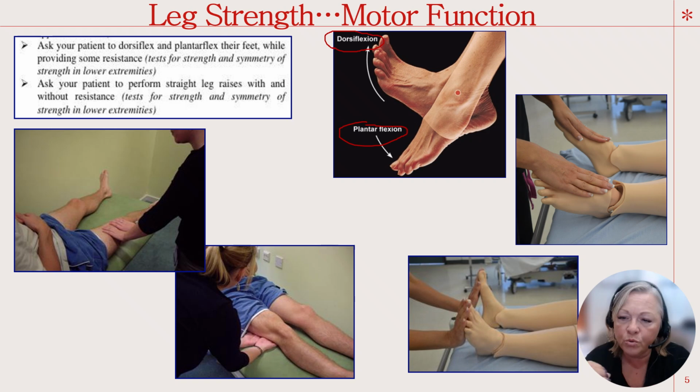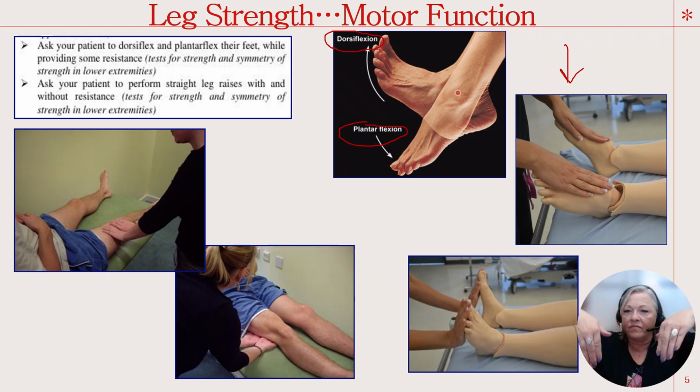And we're going to use those range of motion terms to initiate our assessment and tell the patient what to do. So what we're going to do is test foot pushes and pulls of the feet, just like we did hand grips. And what we're going to do is stand at the end of the bed, and first of all, gently put our hands on the top of each foot.